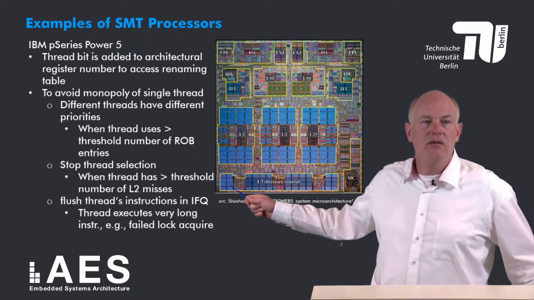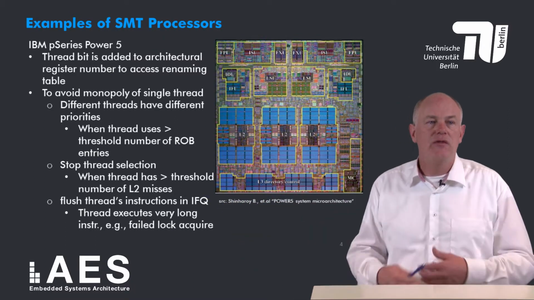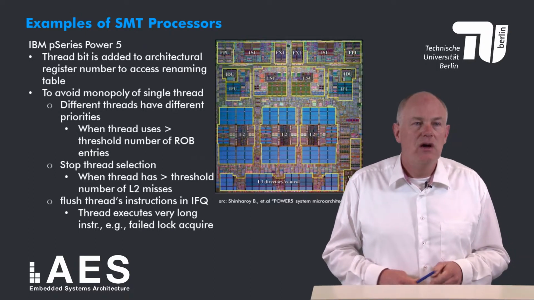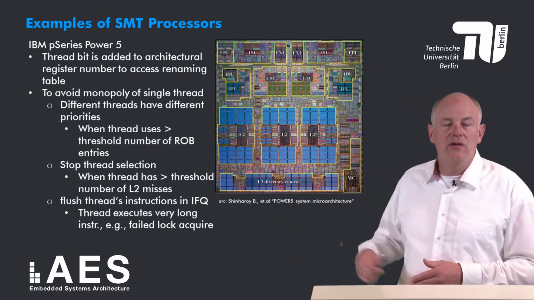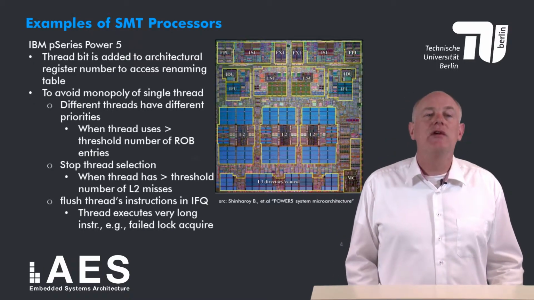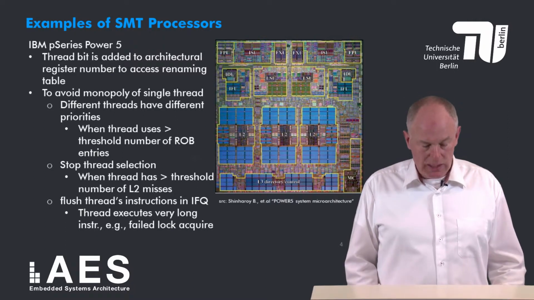The thread's instructions in the instruction fetch queue are flushed when the thread executes a very long latency instruction, for example, when it fails to acquire a lock, which is a synchronization primitive that I will discuss in the multi-core course.